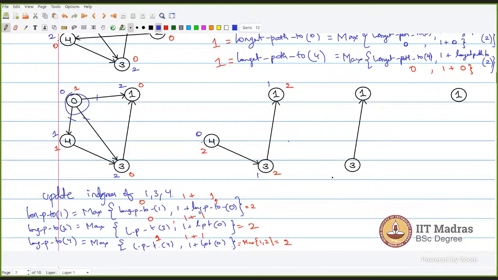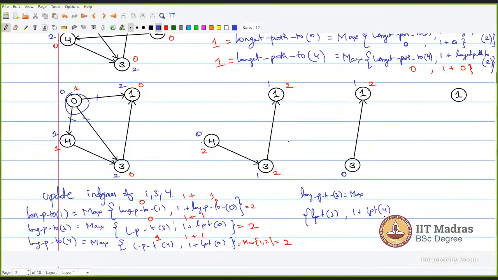What do we have to do after that? You update the in-degrees. The in-degree of 3 will be 0. The in-degree of 1 will be 1 only. Now we have to update the red values also. The red value of 1 will not change, you need not worry about this one. Now we have to update only the longest path to 3, which is max of either LP3 or 1 plus LP4.